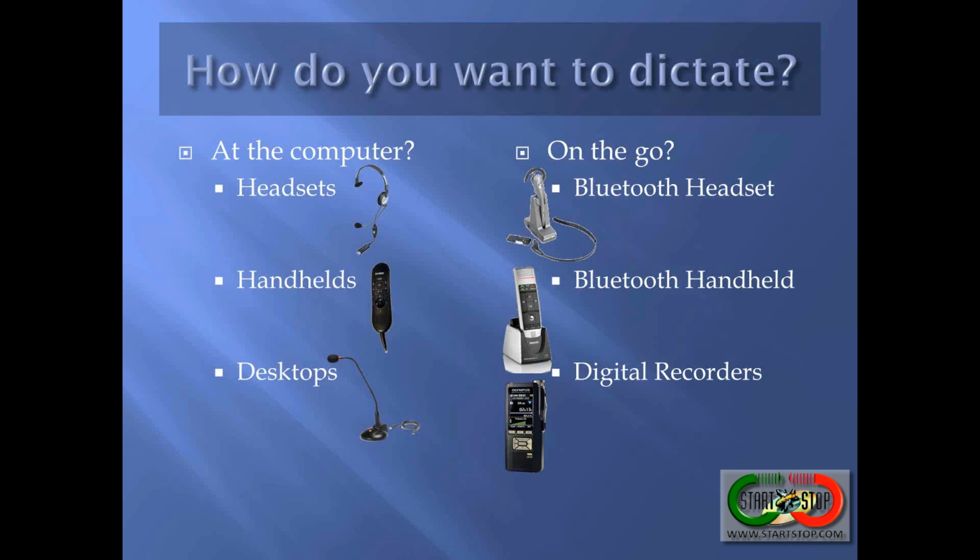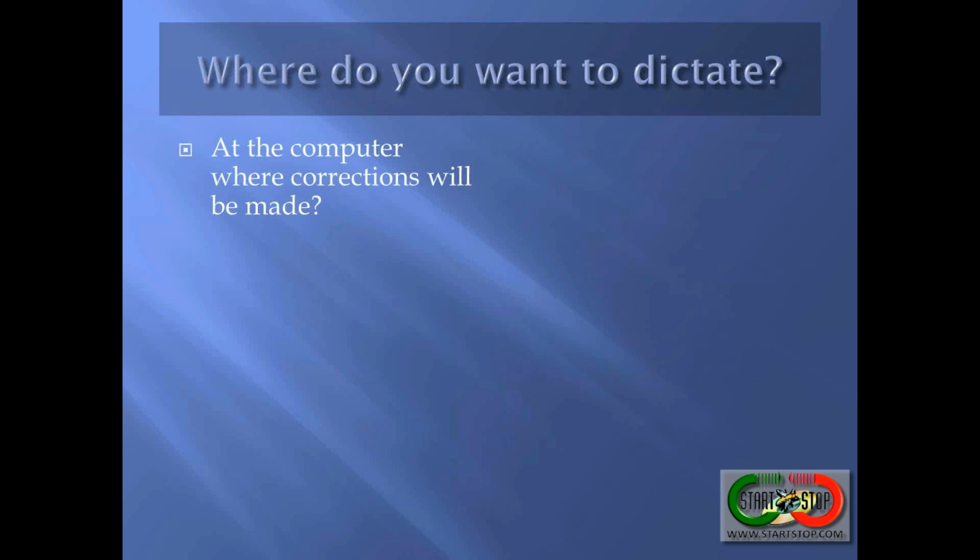So in deciding which kind of a device you're going to work with, the first question you want to ask is, how do I want to dictate? Do I want to dictate at the computer or on the go? The second question, where do I want to dictate? Do I want to dictate at the computer where corrections will be made eventually? Whether they're made right at that moment or by somebody else later, do I want to be right at that computer?